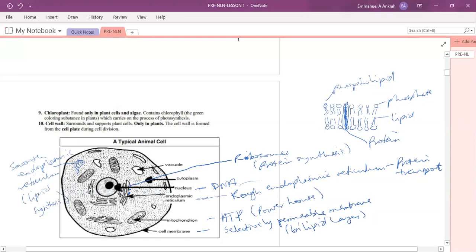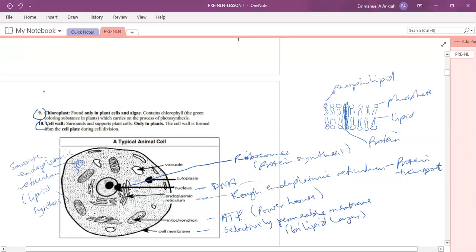And then, this is more of an animal cell, right? There's a difference between the animal cell and the plant cell. So note some of the differences. If you go to number 9 and number 10, I made mention of differences, right? One of the differences is that the animal cell has no chloroplast.